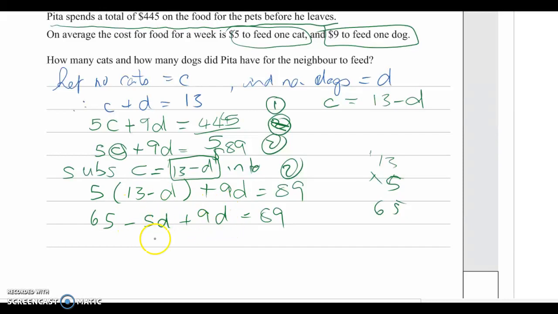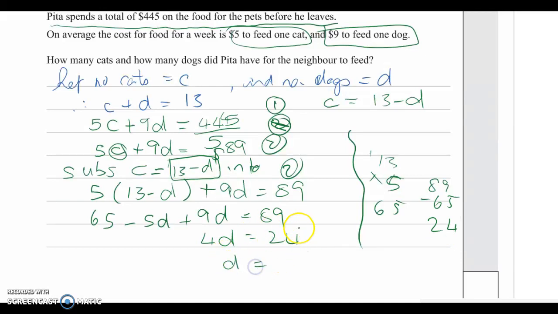So 9D take away 5D is 4D, and I'm going to take my 65 over to this side and take it away from 89. 89 take away 65 is 24. So the number of dogs is equal to 24 divided by 4, which gives me 6.